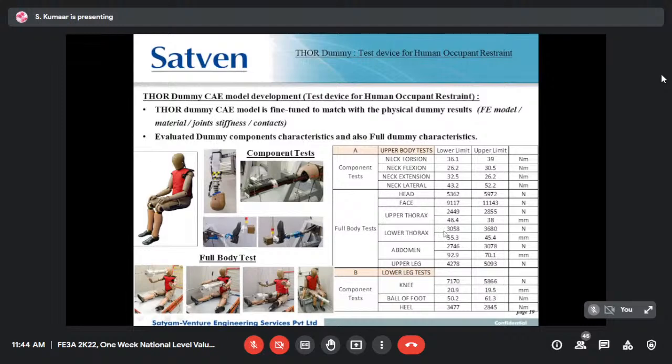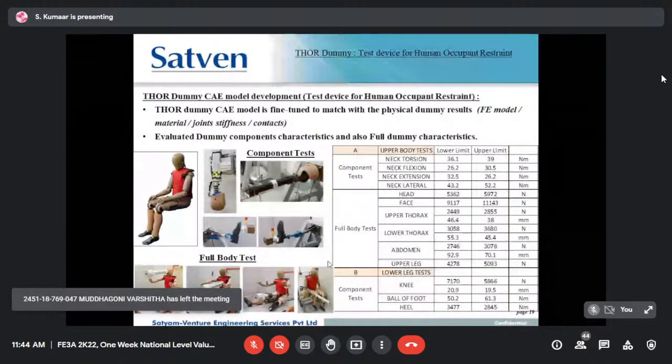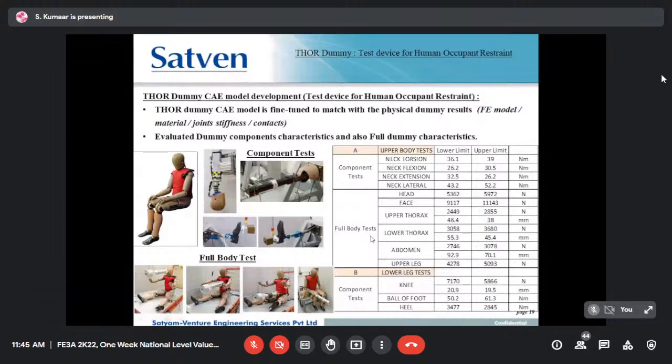Once we complete the component level tests, we need to incorporate whatever properties or characteristics we achieved into the full model, and again go for the full body test. In the full body test, first is the head impact and the face impact. Here we can see the picture. Another one is the upper thorax, and we need to perform the lower thorax and abdomen also, and this is for the lower leg.